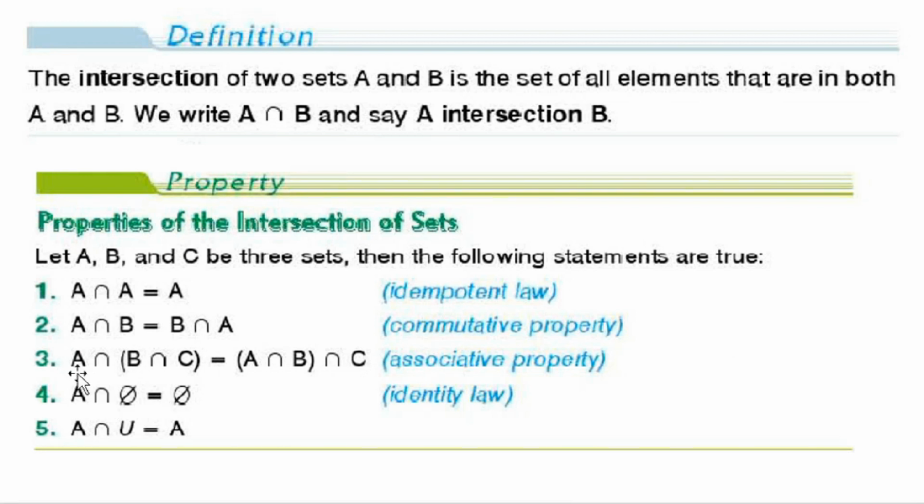Number three, A intersection the quantity of B intersection C is equal to the quantity of A intersection B, intersection C. That is from the associative property. Numbers four and five: A intersection empty set, there is no intersection between the two, therefore that is empty. The other one is A intersection universal set is equal to A.